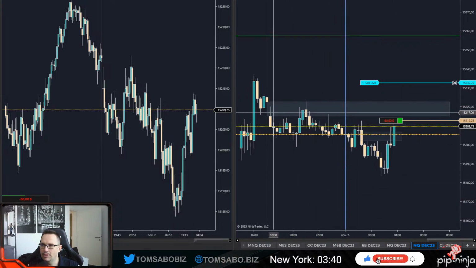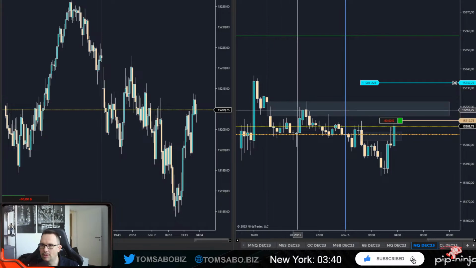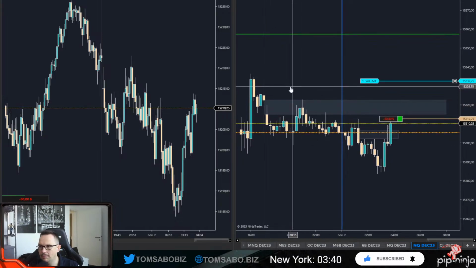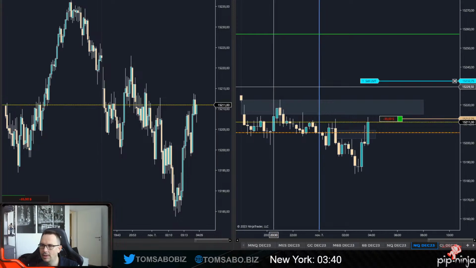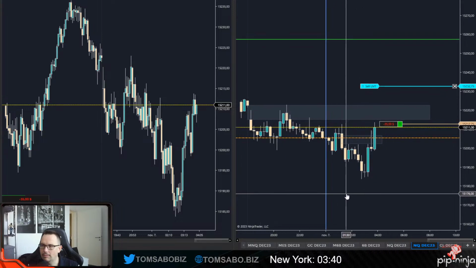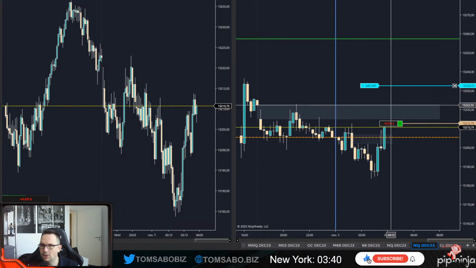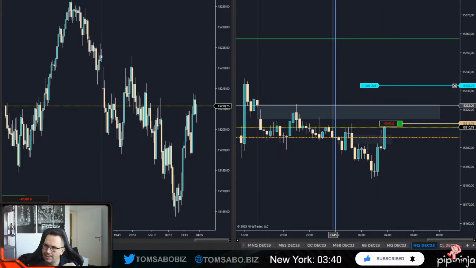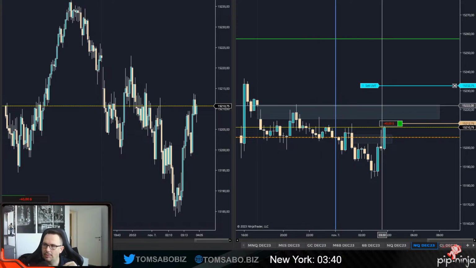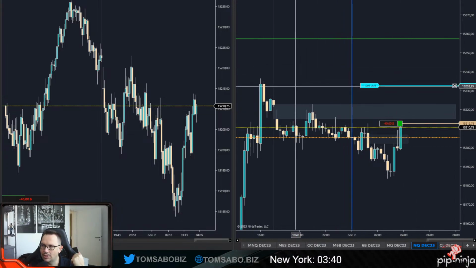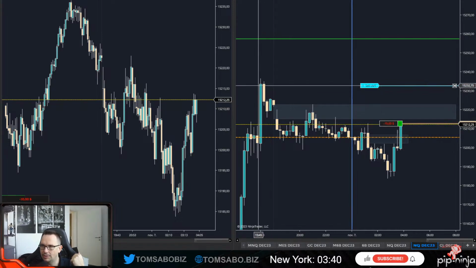And so we have this gap, which is from Friday to Sunday. And I thought that we're going to go down and take out yesterday's low, but it seems like we could be finishing up the day with a bullish candle and rebalance this gap with an up close candle by the end of the day. So if that happens, I would like to see the 32 level taken out here.